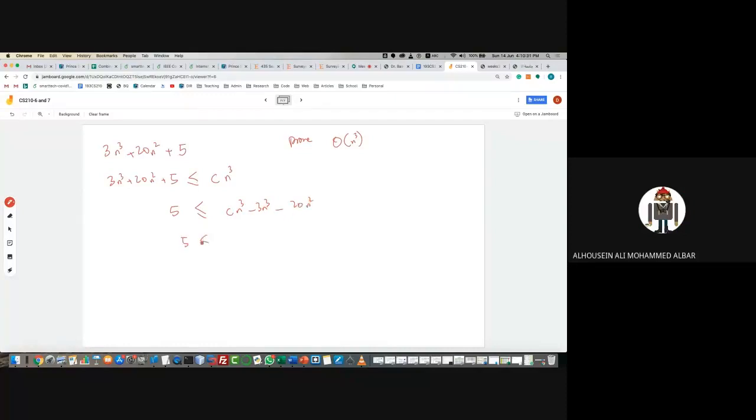Shouldn't we take the 20n squared to the other side? Let's try to do it. So we're going to have c minus 3 times n cubed minus 20n squared. Let's solve this more.